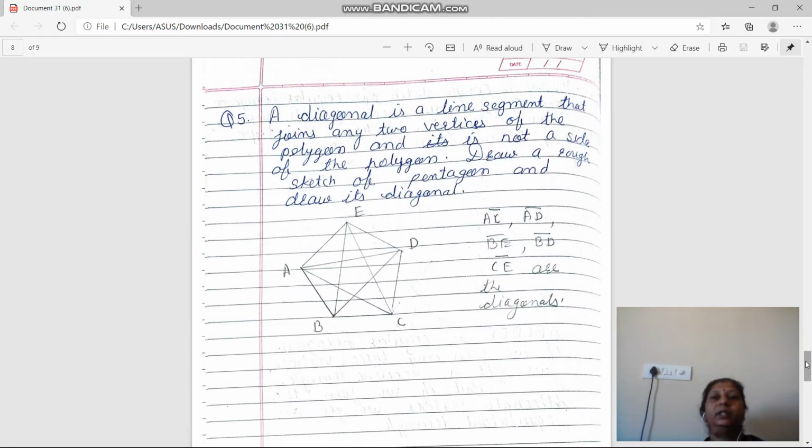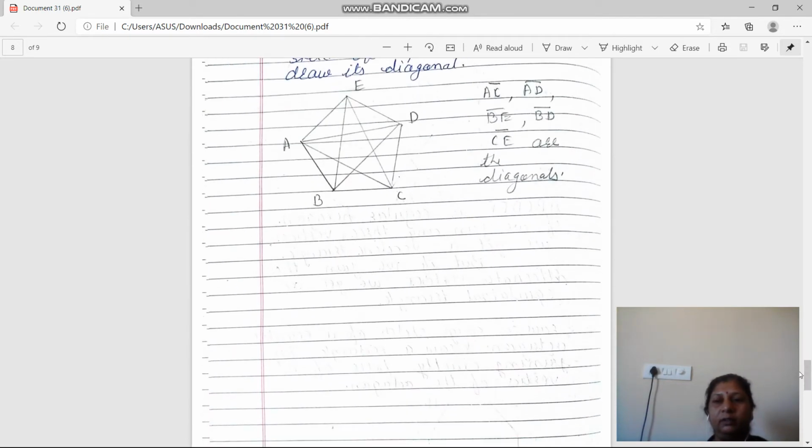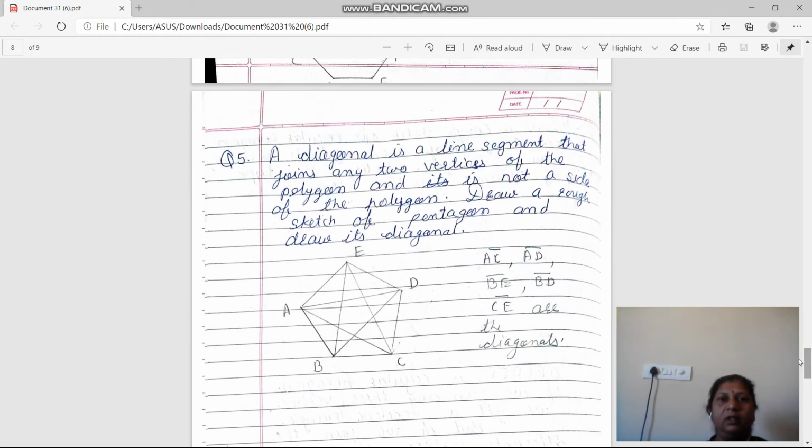A diagonal is a line segment that joins any two vertices of a polygon and is not a side of the polygon. Draw a rough sketch of a pentagon and draw its diagonals.